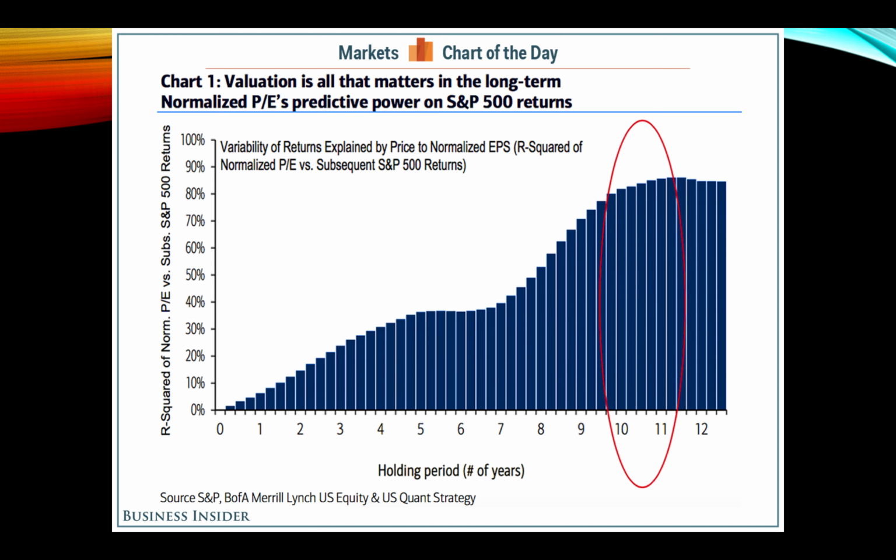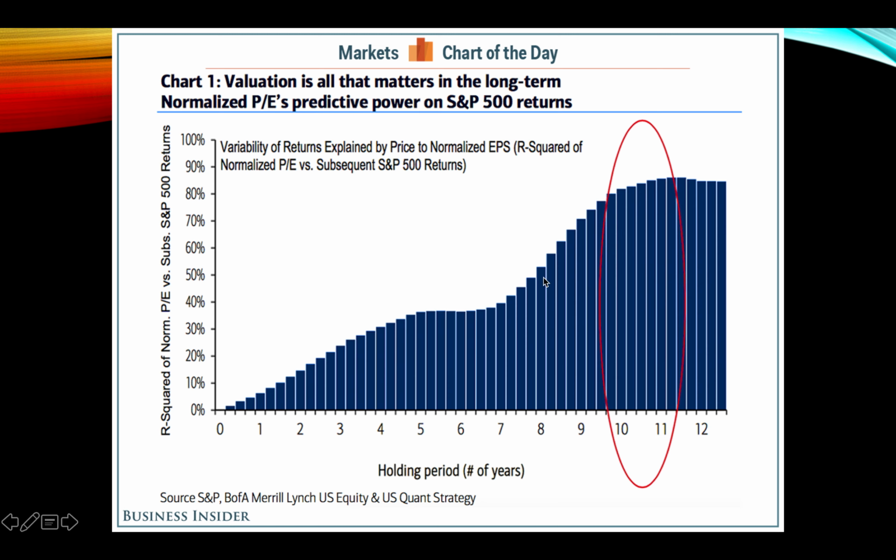Valuation is all that matters in the long term according to this chart. This is the normalized PE's predictive power on S&P 500 returns, and it shows, for a given holding period, the probability that returns will be higher when you have a lower PE.